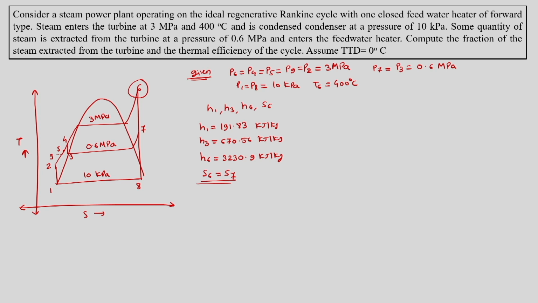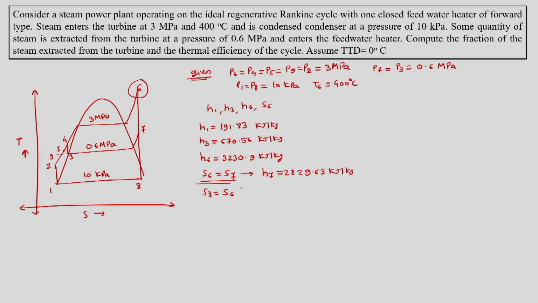Similarly, we go into the 0.6 megapascal case and find where we have the same entropy, which again happens to be a superheated state, and that is why we get H7 as 2829.63 kilojoule per kg.